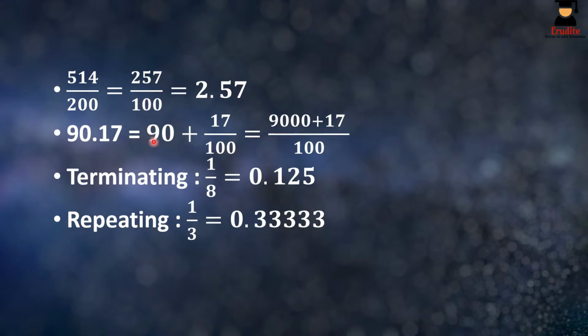This is nothing but a mixed fraction where you have a whole number along with a fraction. So 90 becomes my whole number and my fraction becomes 17 by 100. Why 100? Because there are 2 places after the decimal point. So 90 plus 17 by 100, you can cross multiply and you will get 90 into 100 plus 17 upon 100, which is 9017 by 100, which is nothing but 90.17.